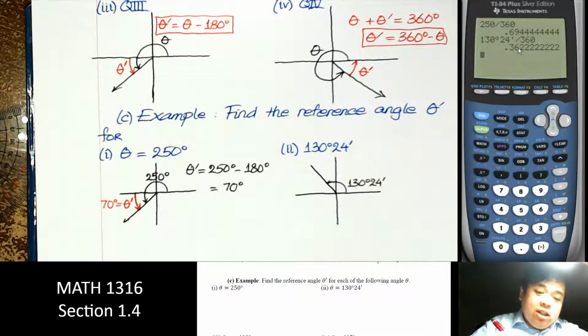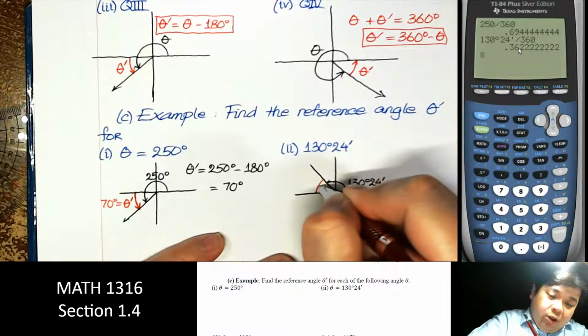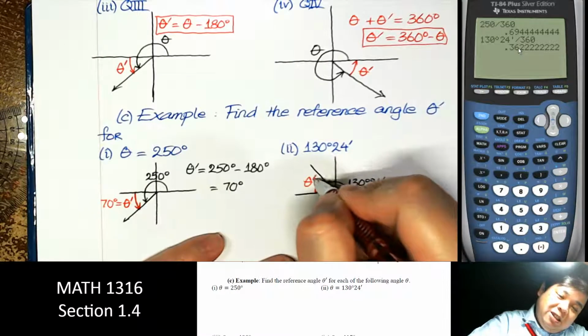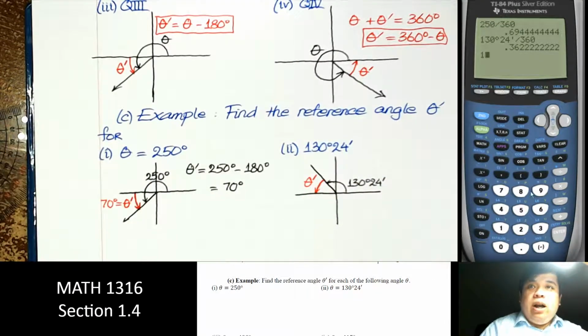And so we're going to make it a reference angle. We use this terminal side and we form an angle with this axis, so the angle will be acute. So pretty much we take 180 minus that. So 180 degrees minus 130 degrees, 24 minutes.